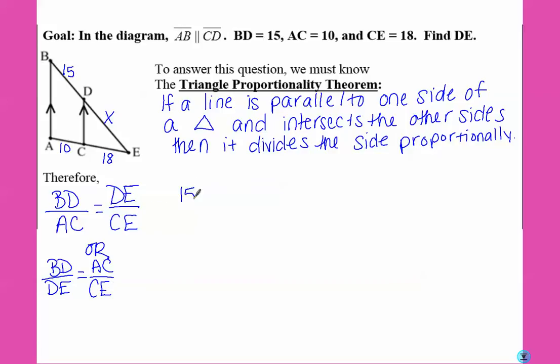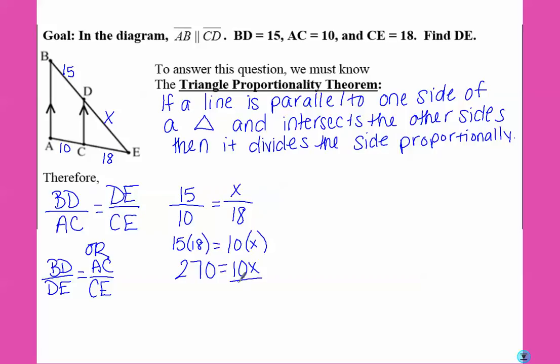BD was 15 over AC, which is 10, equals DE, which is X, over CE, which is 18. And just like we've been doing for this whole unit, we're going to cross multiply. So 15 times 18 equals 10 times X. So 270 equals 10X. Divide both sides by 10, and we get that X equals 27.